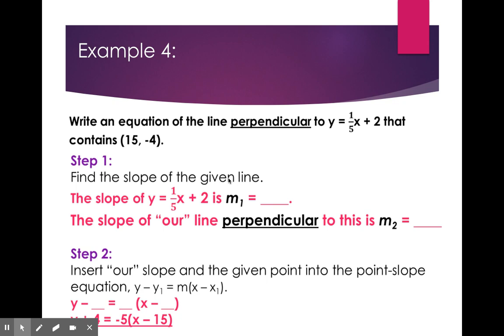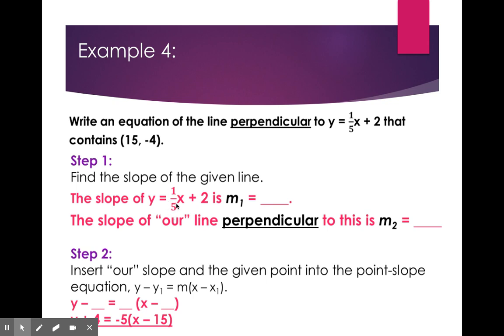All right. You also might have a question like this, where it says write an equation of a line perpendicular to y equals 1/2 x plus 2 that contains the point (15, -4). So we're going to do the exact same thing we did for parallel, except our slope is going to be changed and the sign is going to flip. So our fraction that's going to be changed to perpendicular will be 5 over 1.